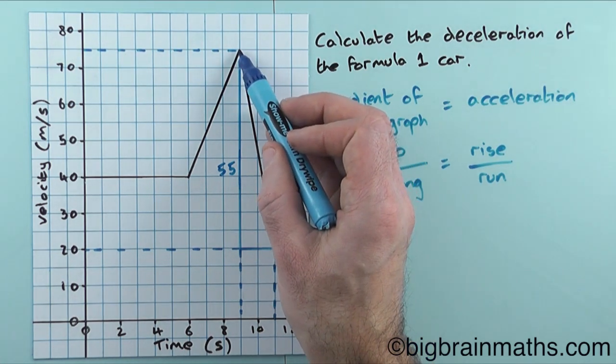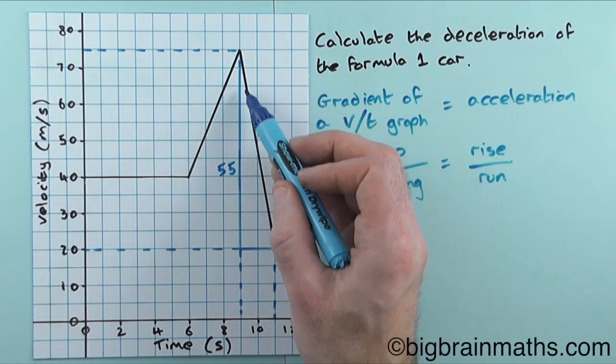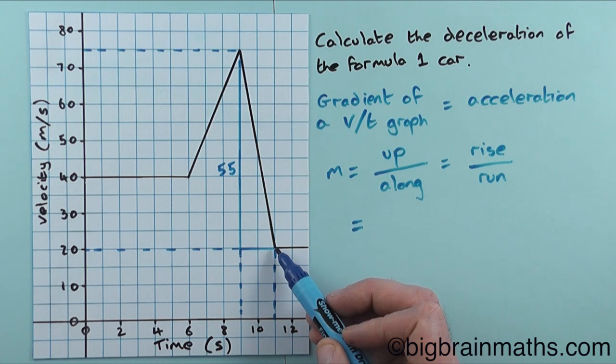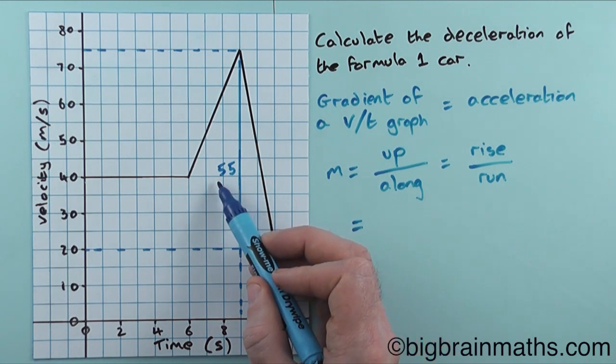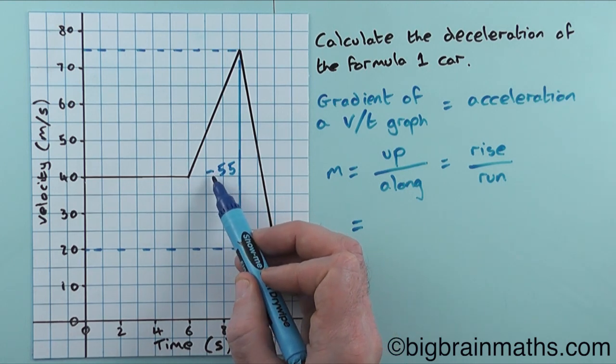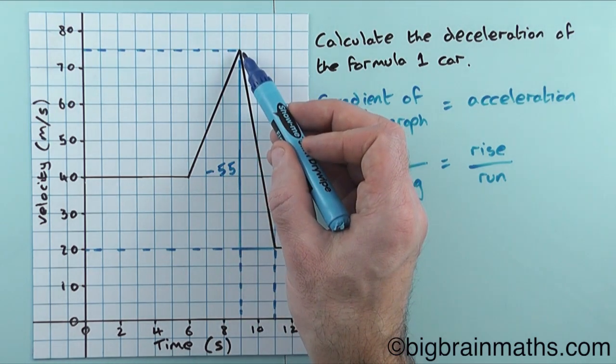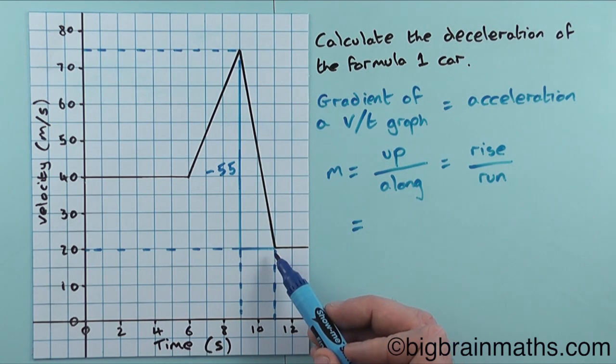So if the triangle started off here, the triangle had to go down by 55 to get to the end of the line here. So instead of saying 55, we need to say minus 55, because the triangle went down by 55.